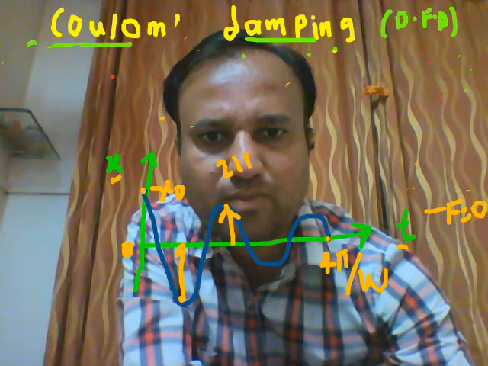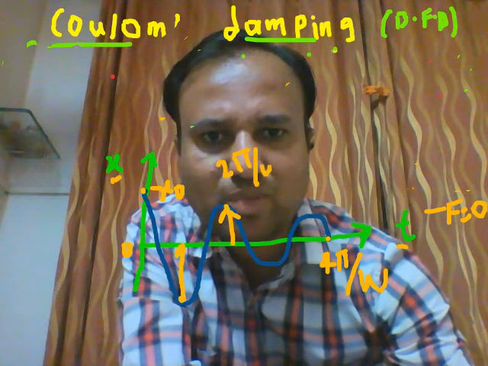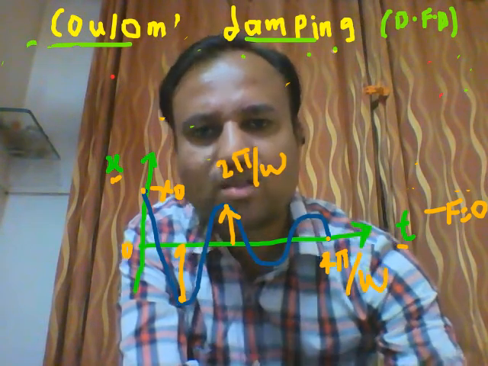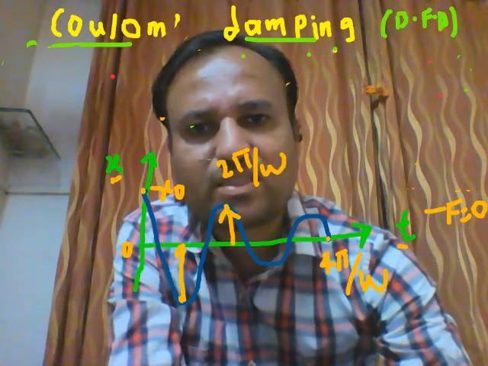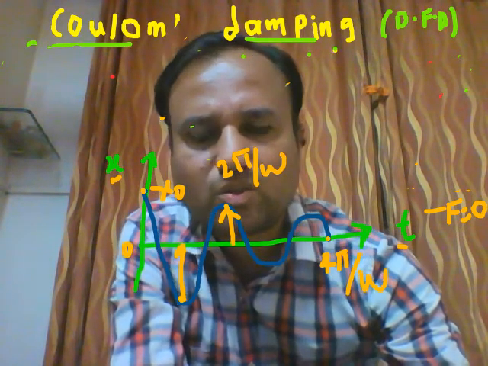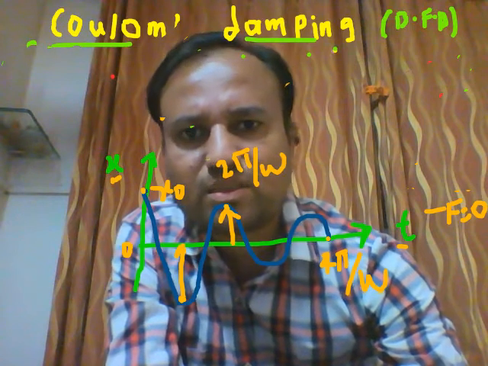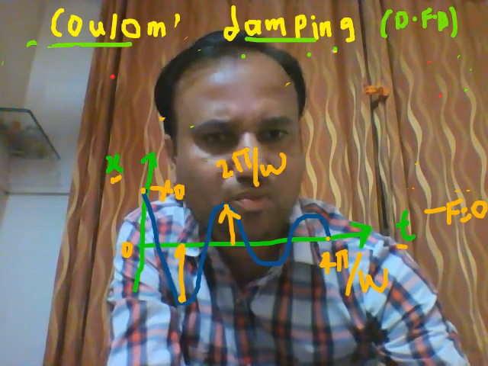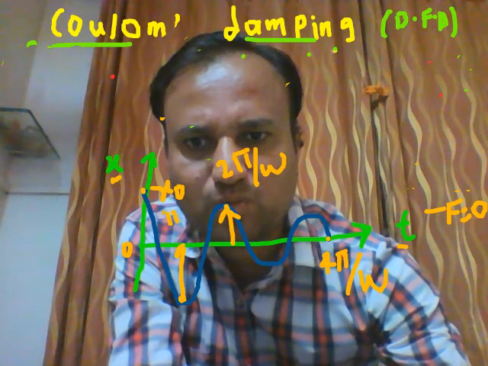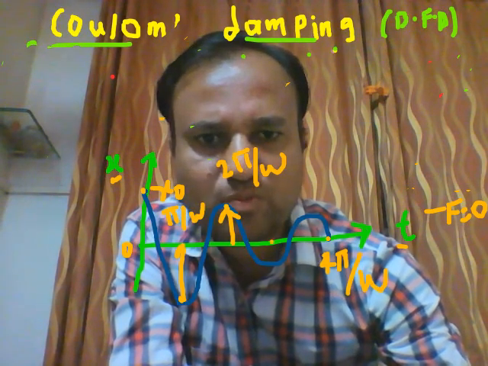Pi by omega, that is a complete cycle, let theta be 360 degree. So half cycle theta 2 pi, that is 180 degree. This is pi, so the corresponding time period let pi by w. So 2 pi by w.